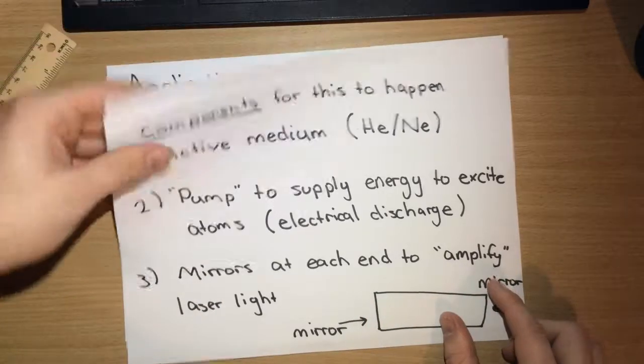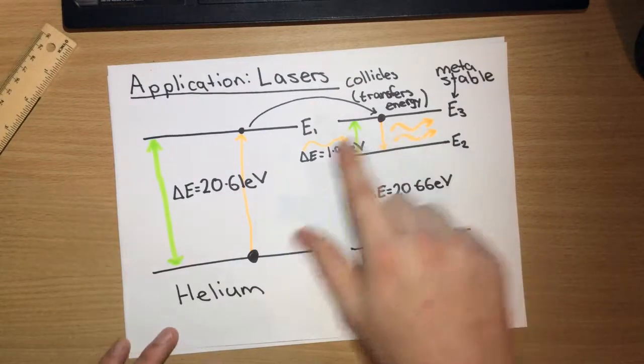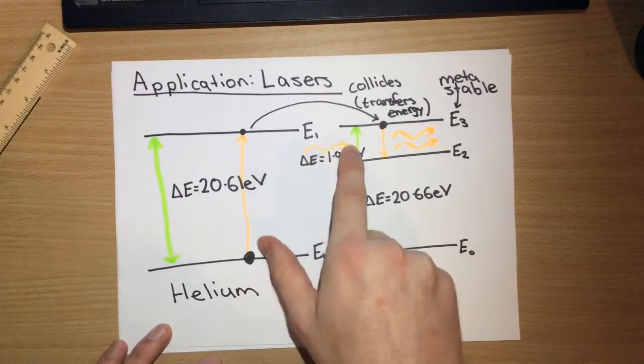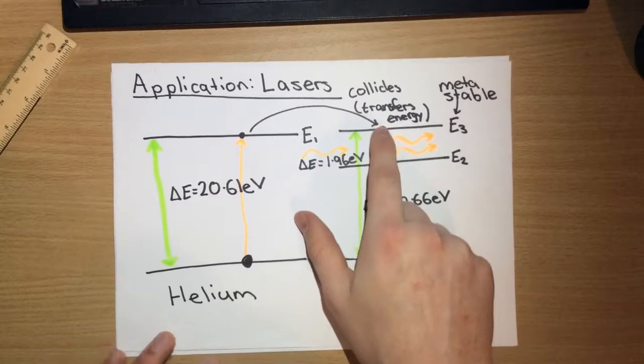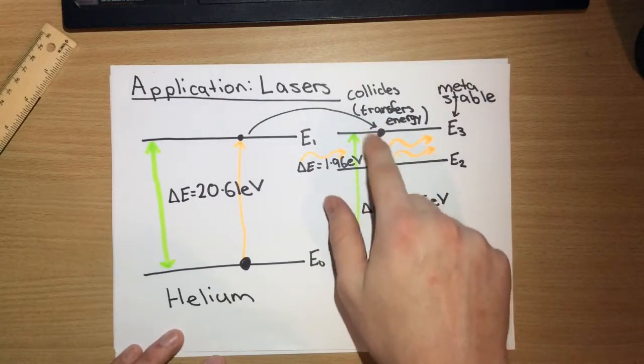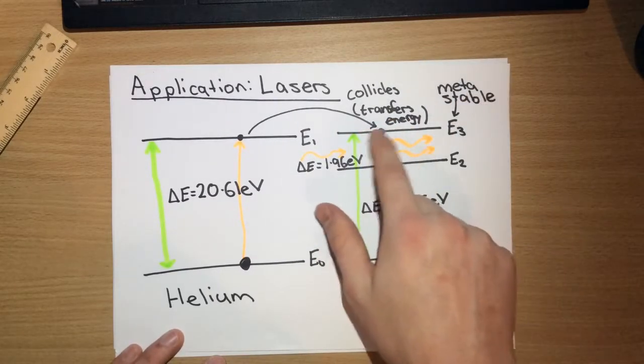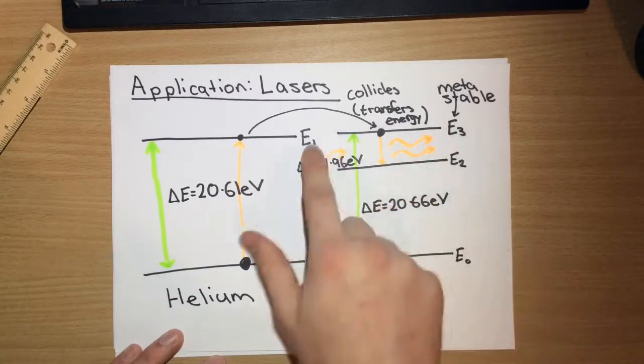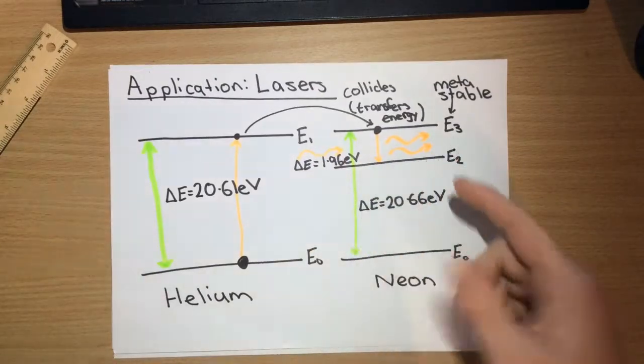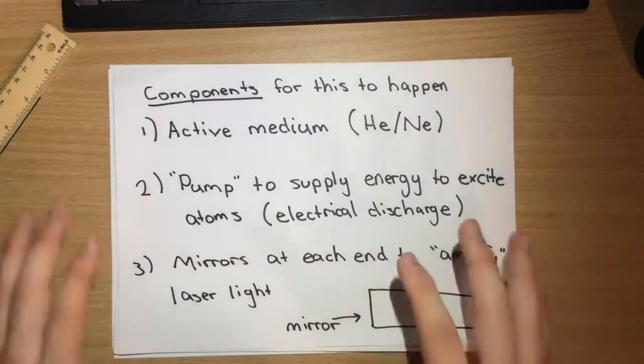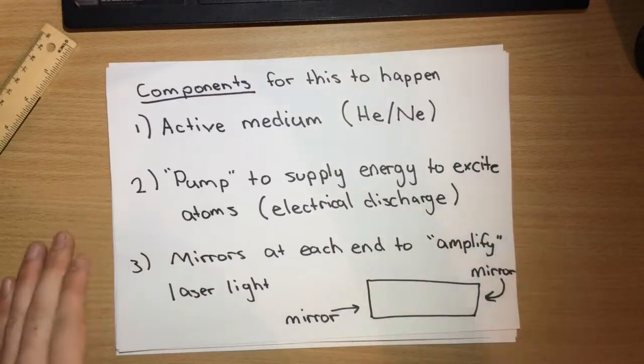The reason we have this is because we want our red laser light hitting as many of these excited electrons in the metastable state as possible. If we keep them in there, we're going to keep getting those emissions. So just take this down. These are the three components we need for a laser to work.